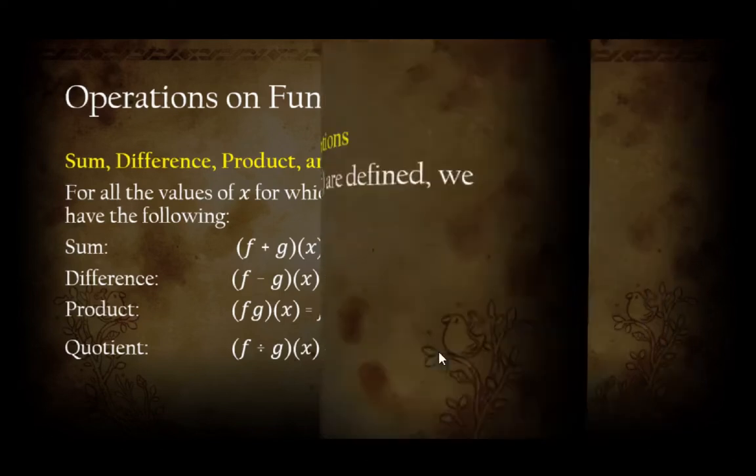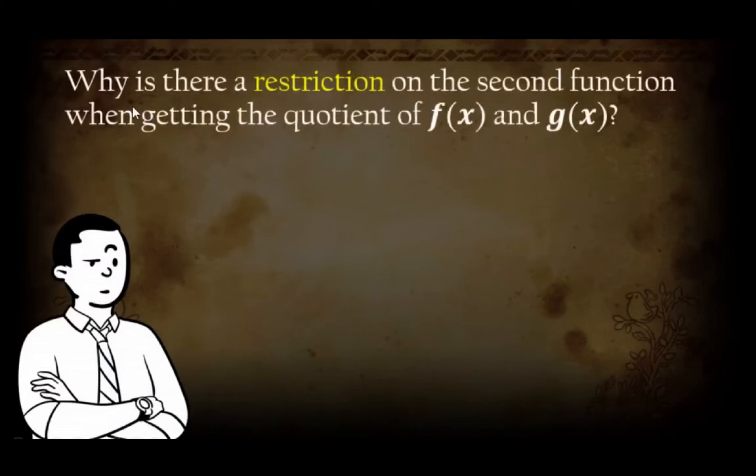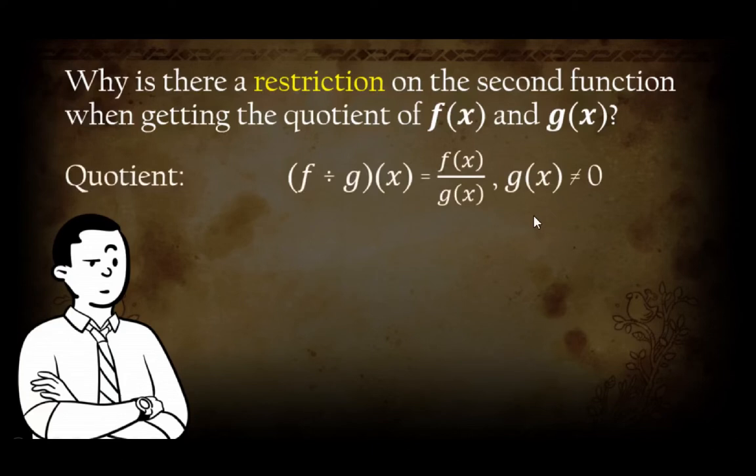Okay? So, bakit kaya? Why is there a restriction on the second function when getting the quotient of f of x and g of x? In the definition, it is important to note that for the quotient of the two functions f and g, the second function or the denominator of f over g of x should not be equal to 0.